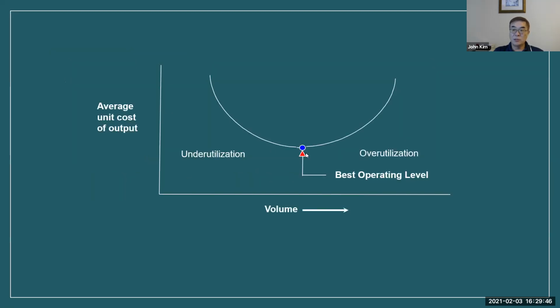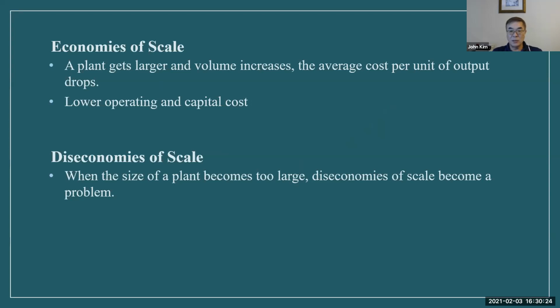In this chart, from this best operating level, the right side is the overutilization range. So if our production level is here, then we recommend decreasing volume to make it lower cost, cheaper. That is economies of scale, kind of a terminology.